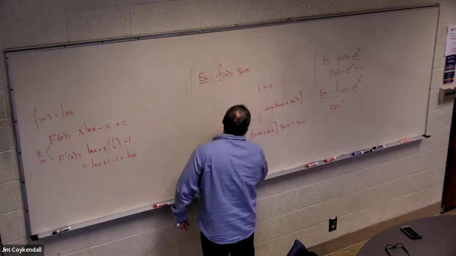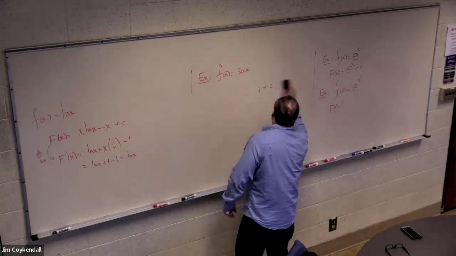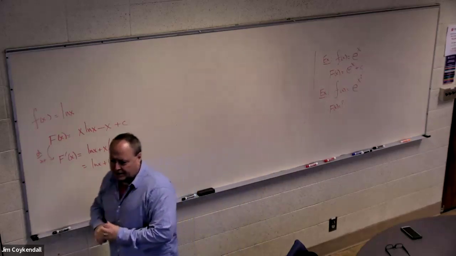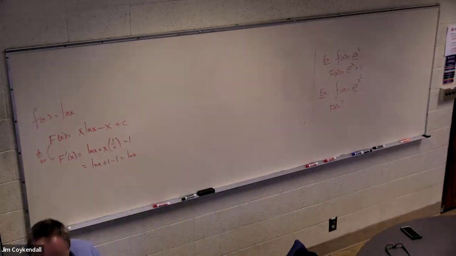So let's write down some simple things that we can do. Let me assemble a rogues gallery of some antiderivatives. I'm going to give you first a theorem.